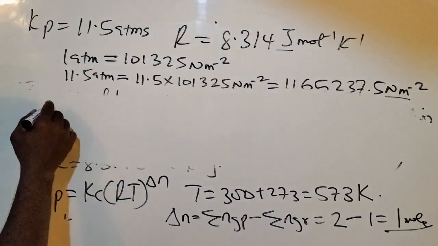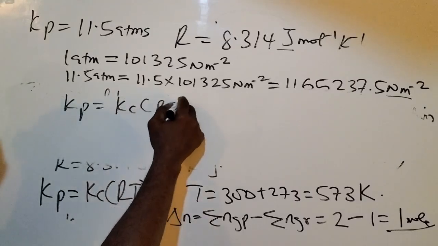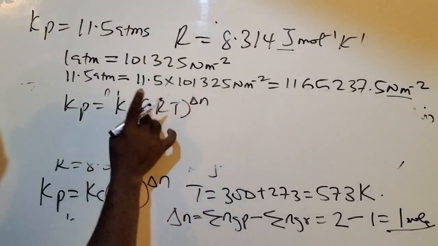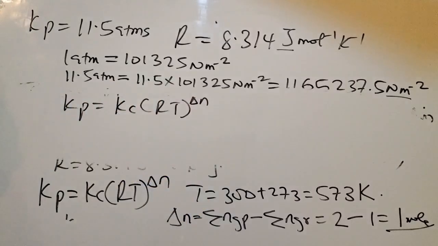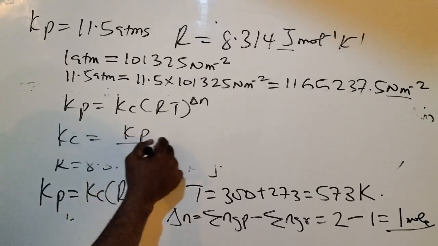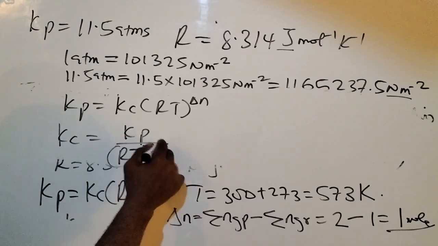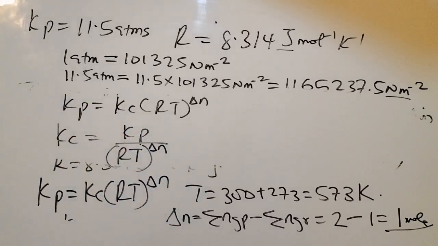You have Kp equal to Kc (RT) raised to delta n. You're looking for Kc, so you make Kc the subject of the formula. Kc becomes Kp all over RT raised to the power delta n. So you can go ahead and make your substitution.